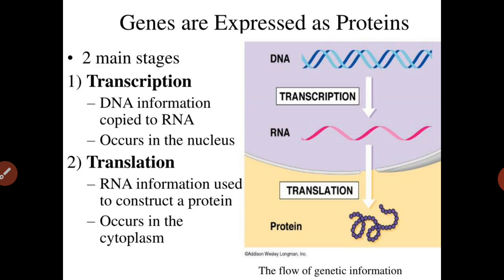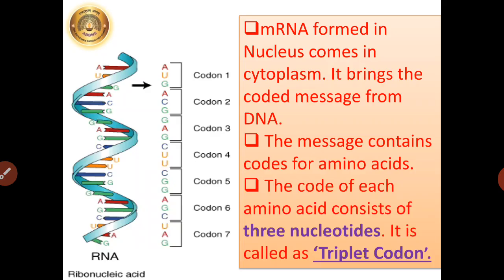This strand of mRNA further forms the proteins with the help of tRNA, that is transfer RNA, and this is known as translation. mRNA formed in the nucleus comes into the cytoplasm. It brings the coded message from DNA.